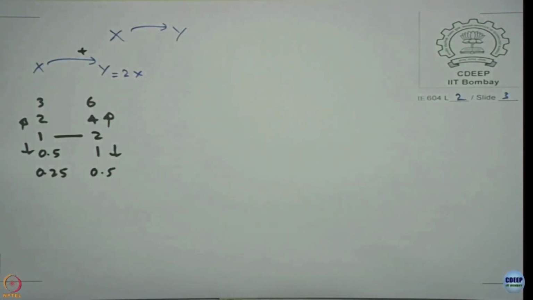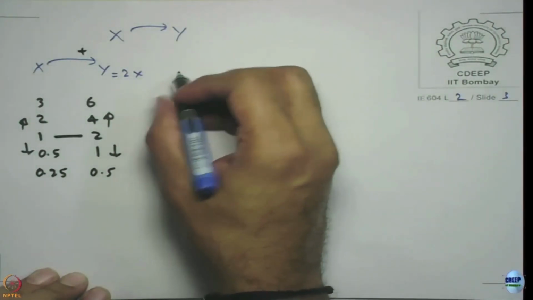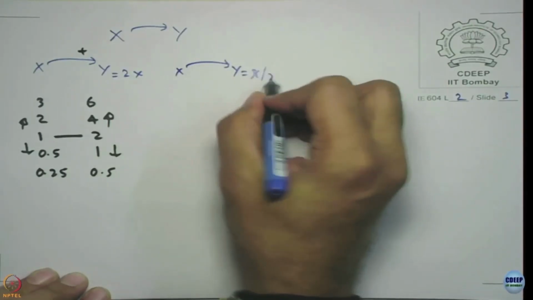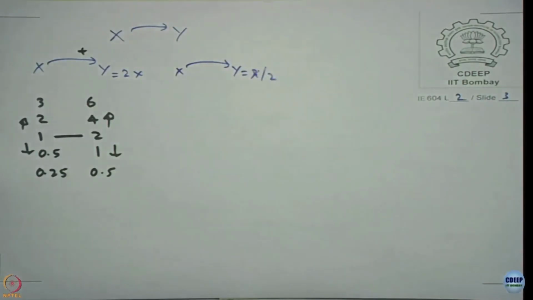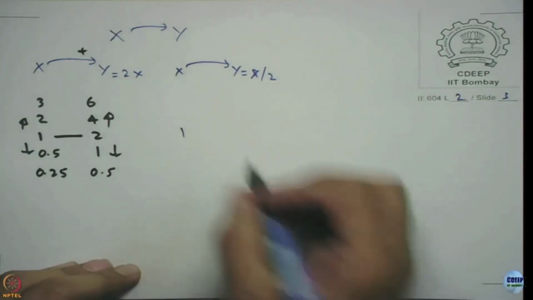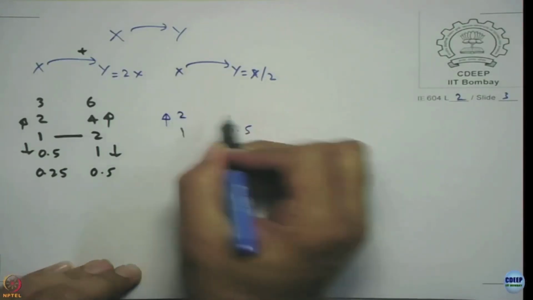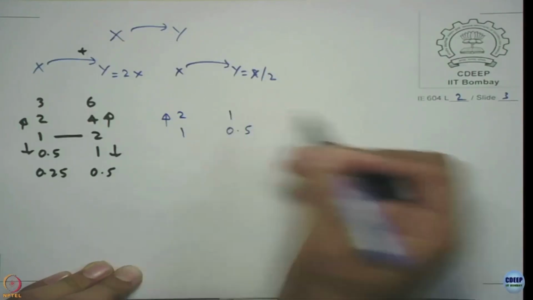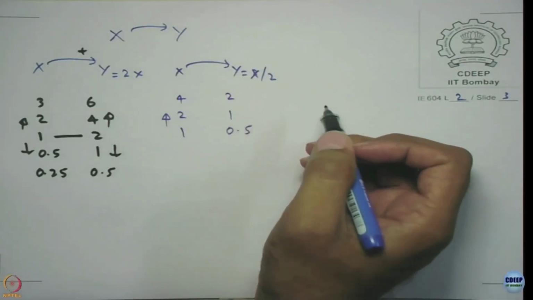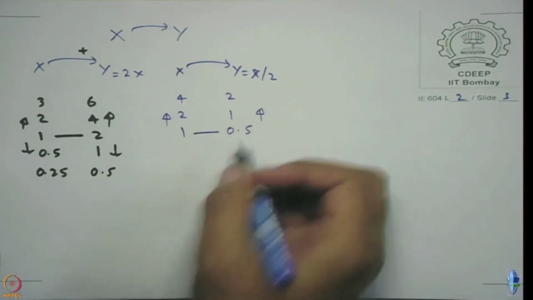Let us say, let us do y equal to x by 2. Again, let us take the same reference point. So, when x is 1, y is going to be 0.5. When x increases to 2, y will take the value 1, x is 4, y is going to take the value 2. So, as x increases, y continues to increase, again this is our reference point.